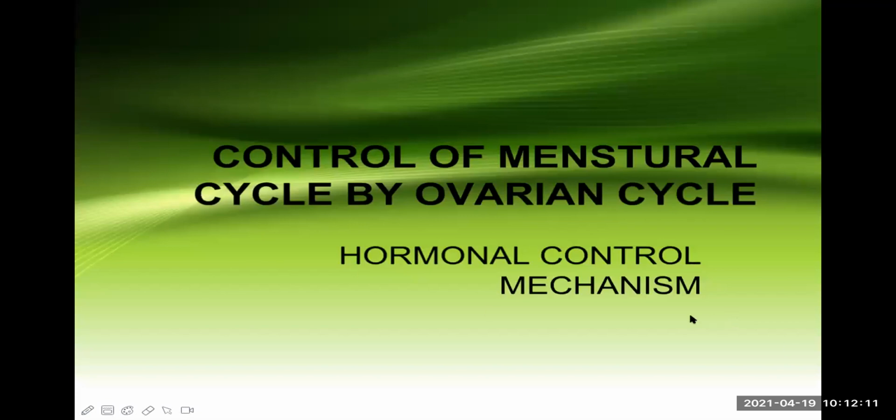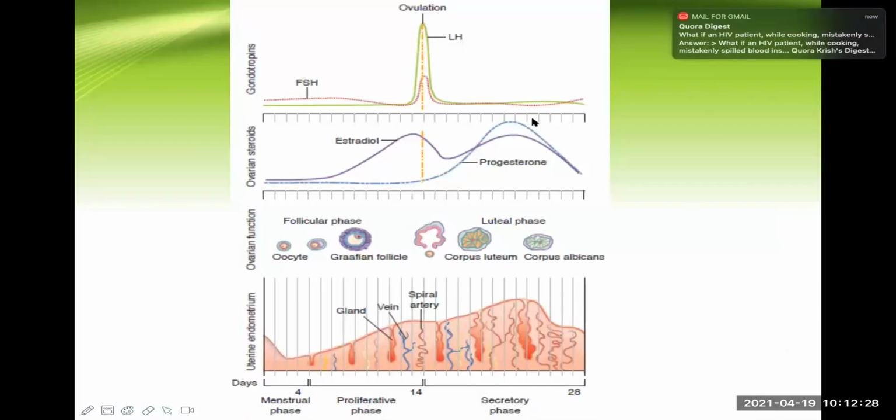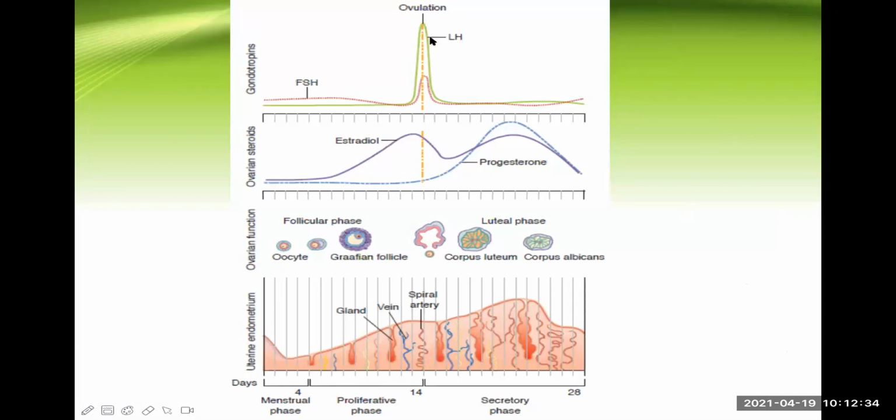Now, how is it controlled? Again a bit of summary for you. Now see this. This is the formation of the different types of steroid hormone from the ovary. In follicular phase, estrogen is released. In luteal phase, progesterone is released. So this is the basic thing which we have already discussed. See here, FSH and LH.